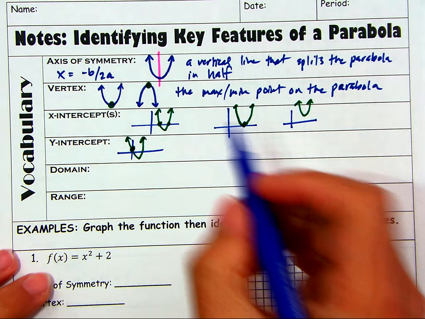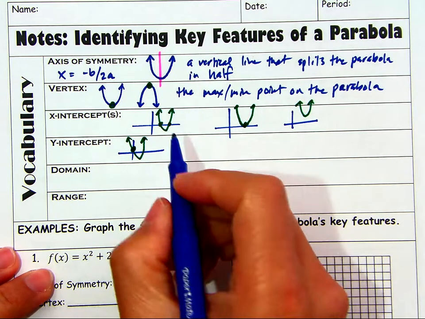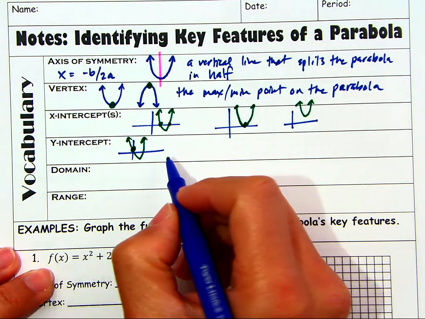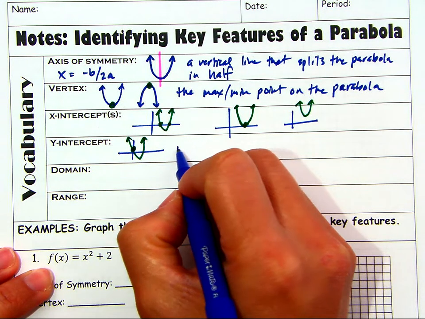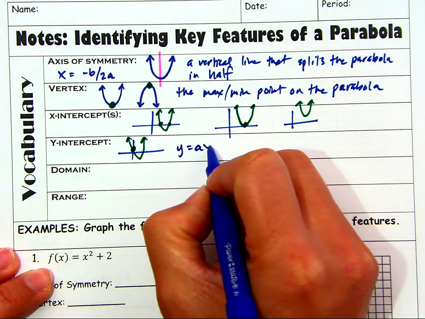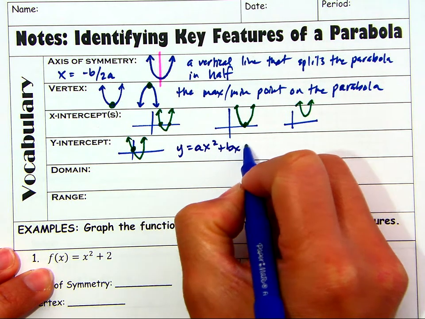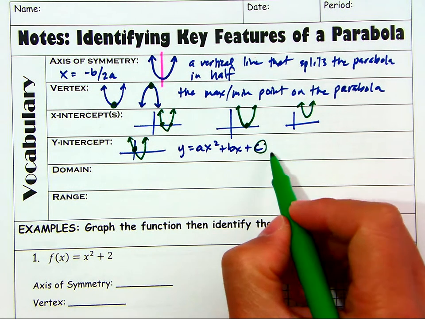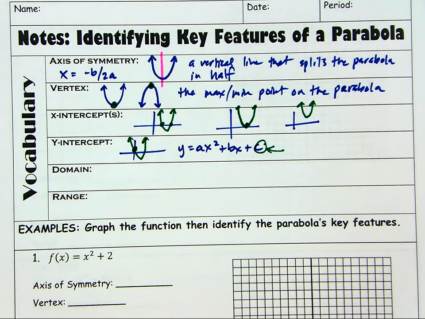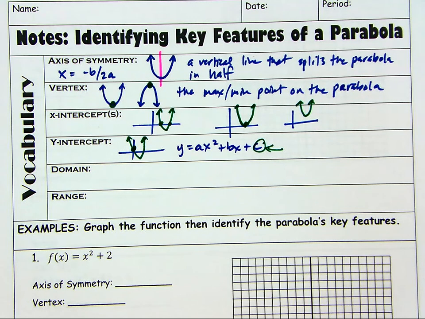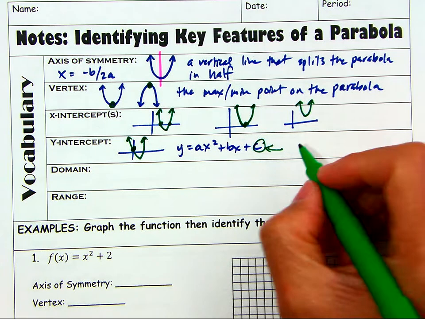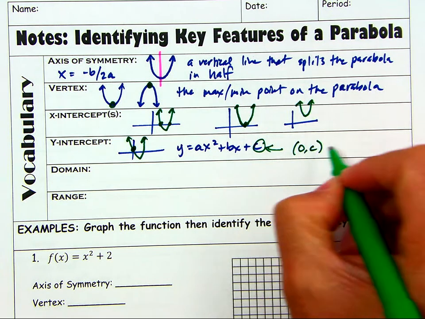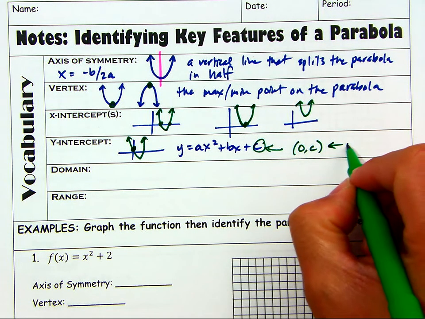Now it turns out that when your quadratic function is in standard form, that is y equals ax squared plus bx plus c, okay, the c coefficient is going to be the location of the y-intercept. Okay. So we would say 0, comma c is the y-intercept.